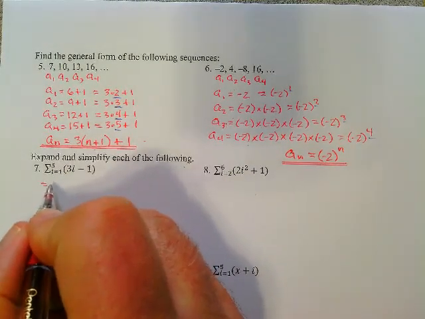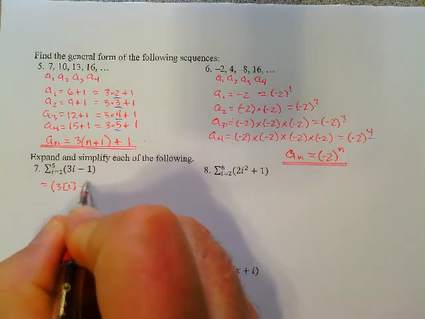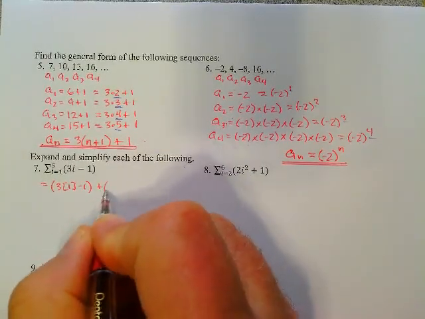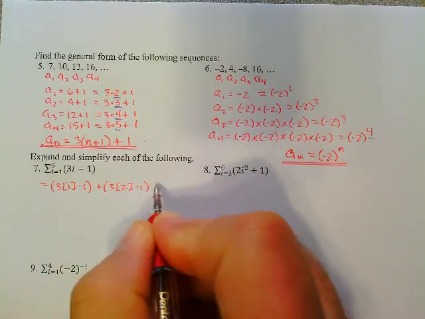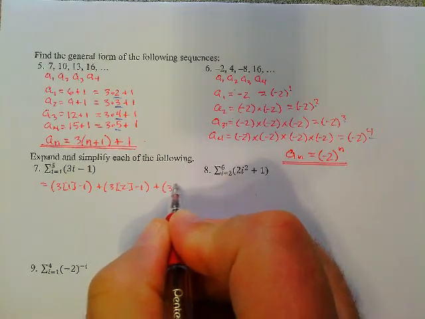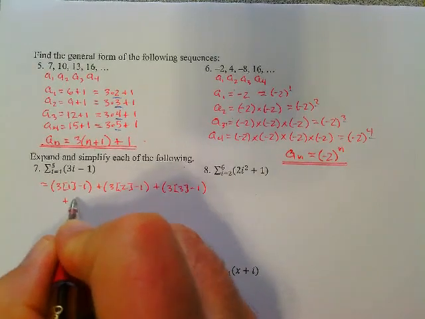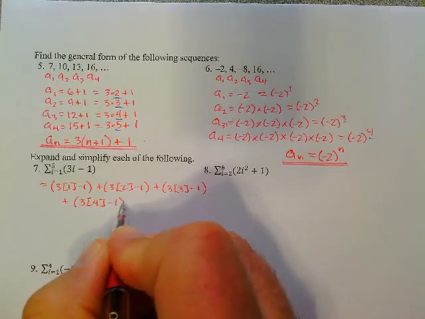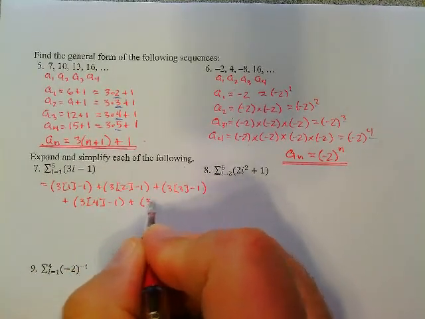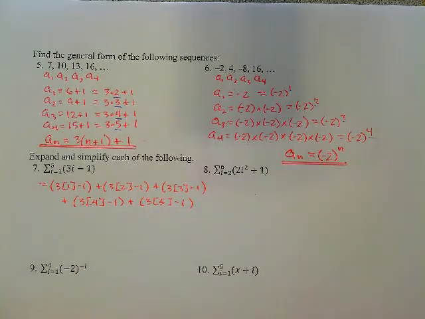So first off, we're going to have 3 times 1 minus 1, plus 3 times 2 minus 1, plus 3 times 3 minus 1, plus 3 times 4, subtract 1, plus 3 times 5, subtract 1. So that is what is meant by expand.